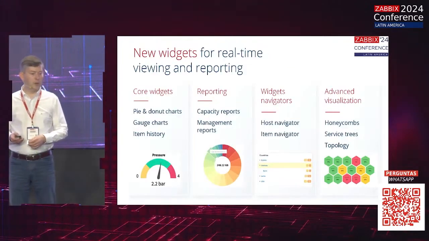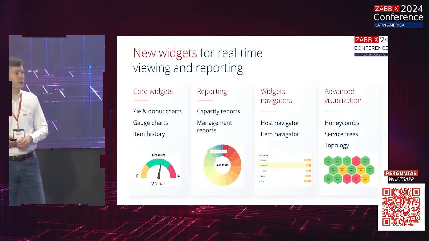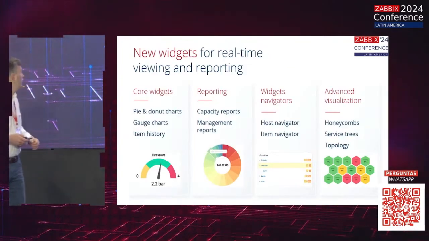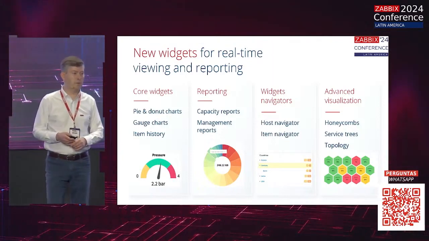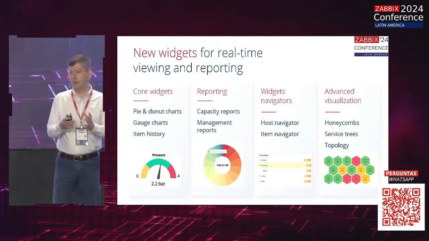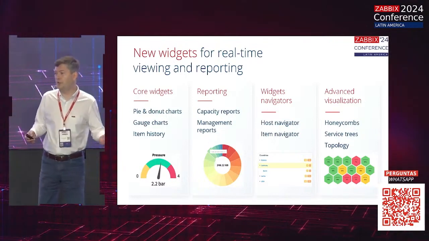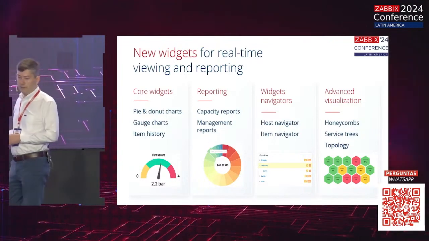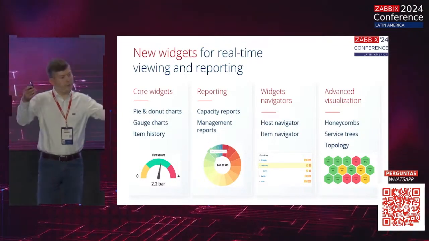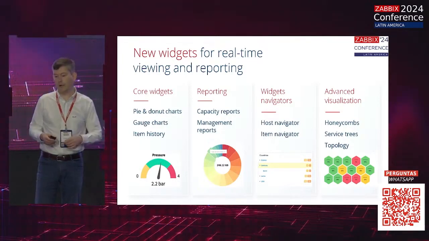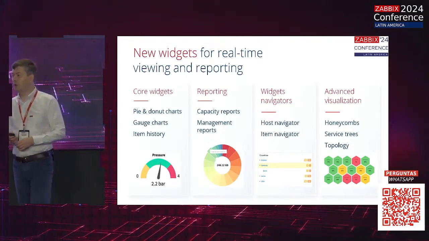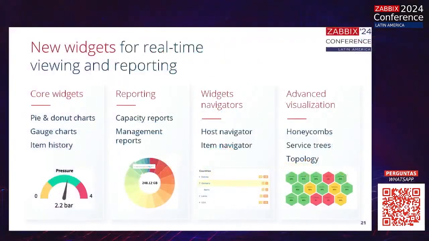But anyway, what have we introduced in Zabbix 7.0? First of all, a new set of core widgets. Core widgets are simple widgets like pie charts, a gauge widget, and item history widgets, so we can see the history of items in a very nice form. We have also introduced the ability to create capacity reports.